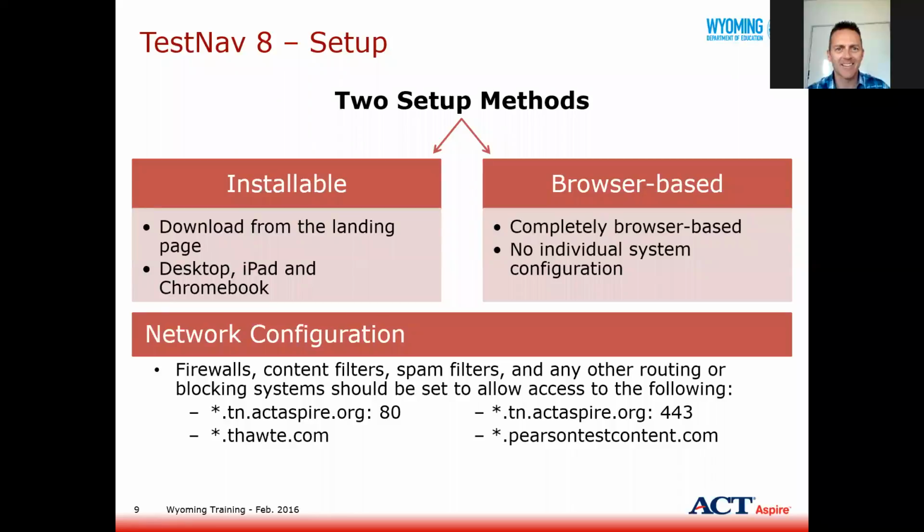So it's tn.actaspire.org port 80, and then the .com, as well as the tn.actaspire.org port 443, as well as the pearsonTestContent.com. So make sure that from a network firewall perspective those 4 network configurations are whitelisted.